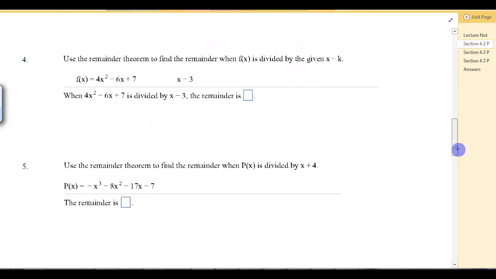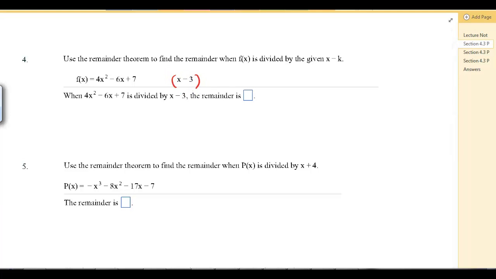All right. Number 4 says use the remainder theorem to find the remainder. Well, remember, we can just do f of positive 3. Even though this isn't in parentheses, we can do that. All right. So use the remainder theorem.